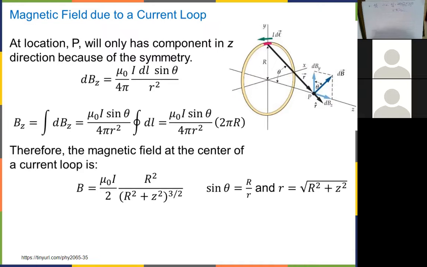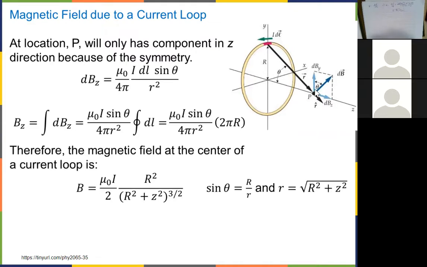By charge distribution, you can take a small portion of this and determine the direction of the B field here. You can find a counterpart on the other side, so it will be in the opposite direction.